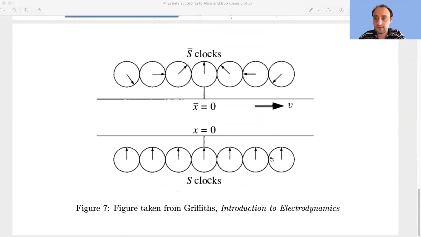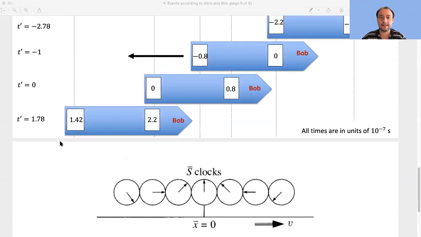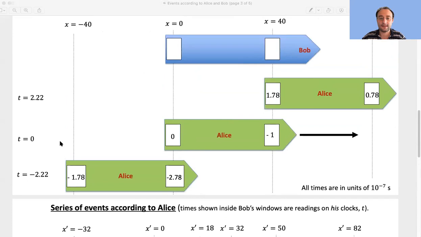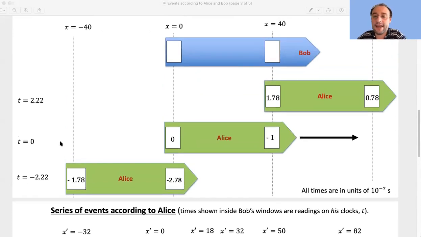I want to point your attention to one other thing. If instead of tracking any one given Alice's clock, he is just sitting in a chair in the back of his ship, and observing Alice's clocks as they pass by.